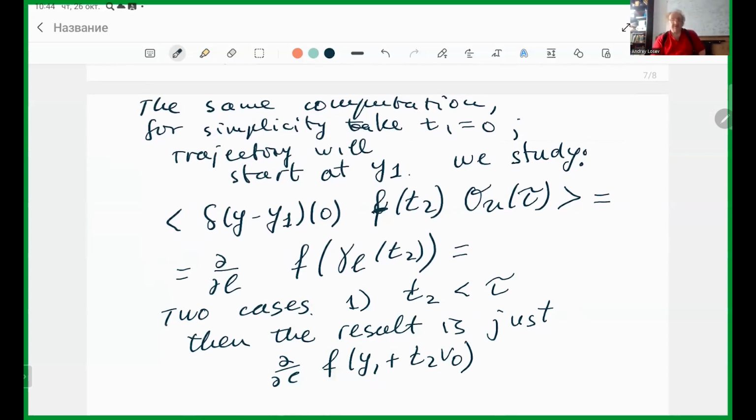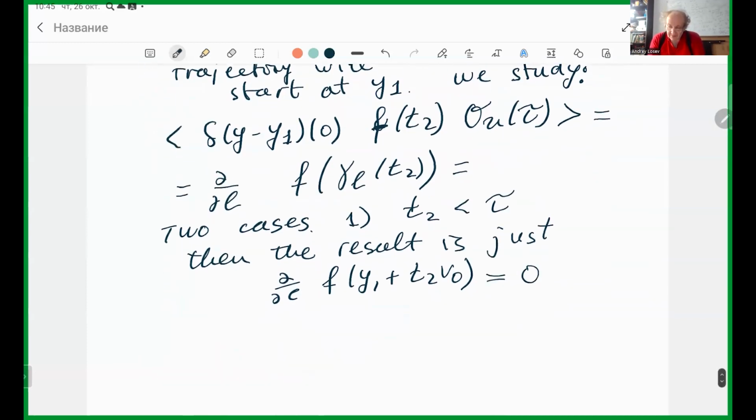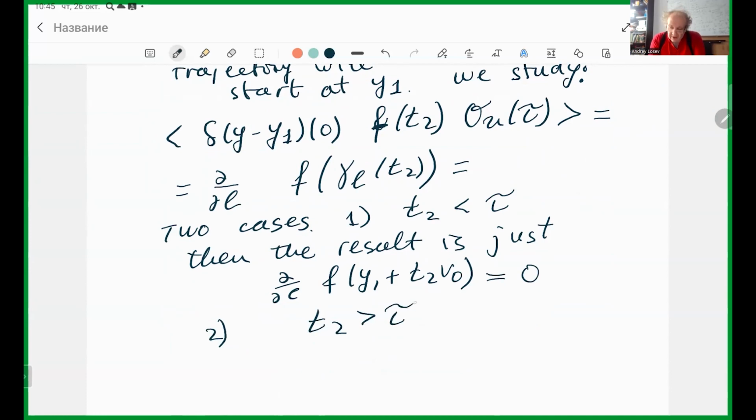So what do we see? We see no dependence on L. Okay? So it is 0. Second, t2 is greater than tau.